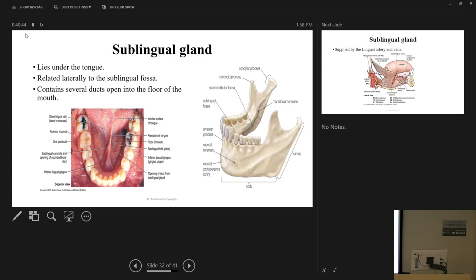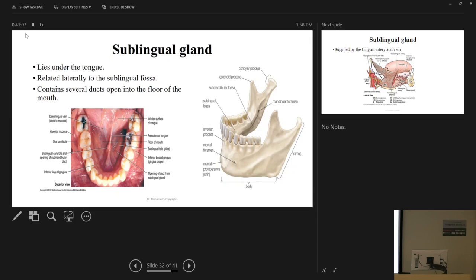It gives origin to the mylohyoid muscle. It will originate from this mylohyoid line on each side, come to the middle, to the raphe, and unite there to make the raphe. So why am I saying this? Inferior to it, I'm going to have a fossa. Superior to it, I'm going to have another fossa.